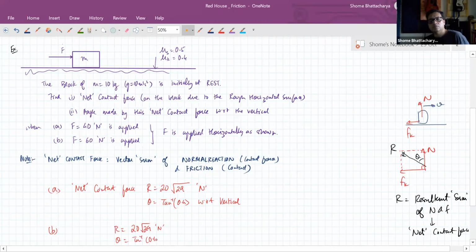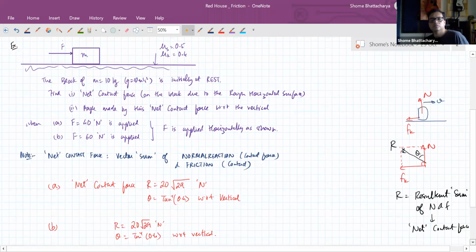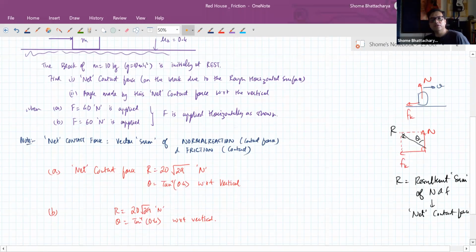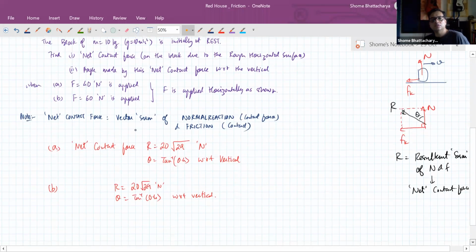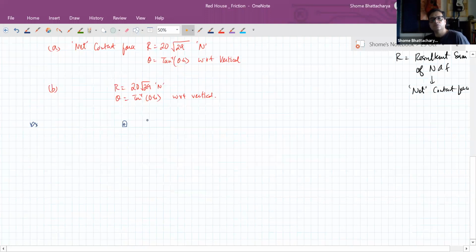Now let's understand why in each of the cases. So in case A, your free body diagram will look like this. You are applying a force horizontally of 40 newtons, whereas maximum static friction is equal to how much?